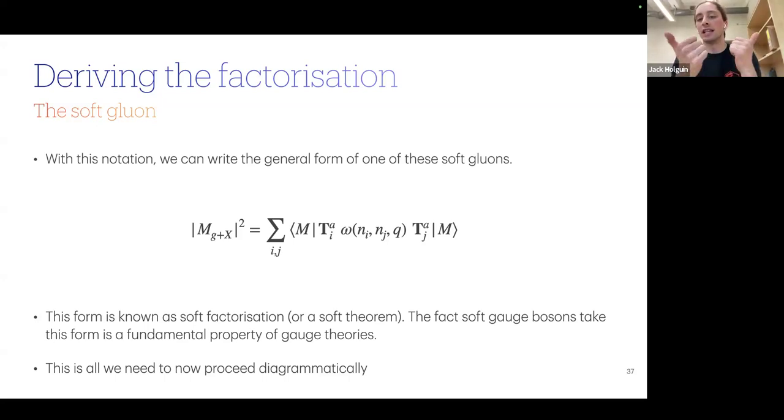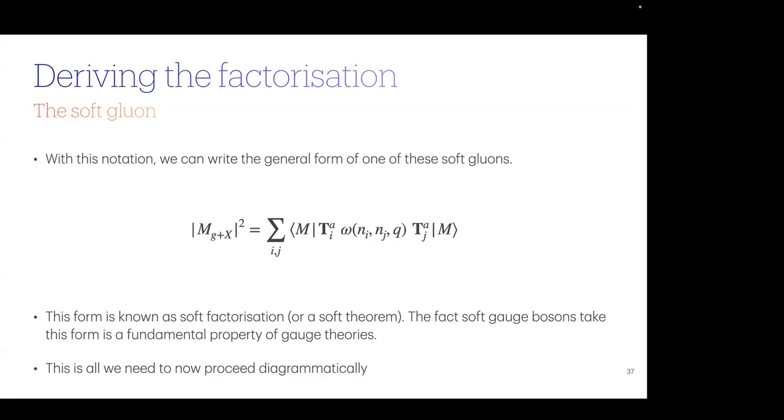That's one for each vertex, because obviously it will be attached somewhere and attached somewhere else. And i and j are the lines of the particles that it's attached to. And then a kinematic factor omega, and we're summing over all i and j. And this kinematic factor only depends on the direction of the particles which it's attached to. It doesn't depend on those particles' overall energy or momentum.